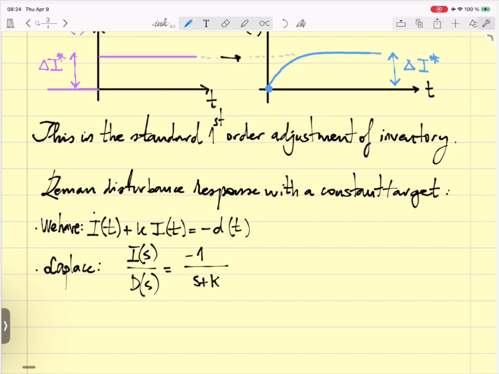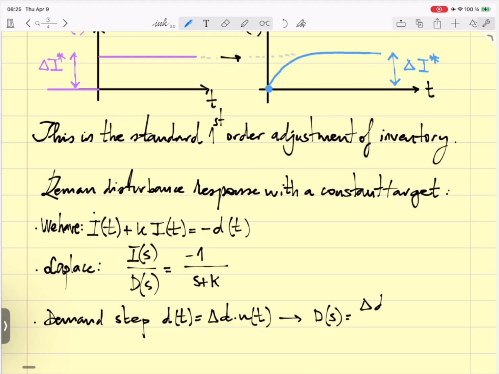We have a demand step again. So d of t is some demand step times the unit step function, so d of s equals some demand step divided by s.